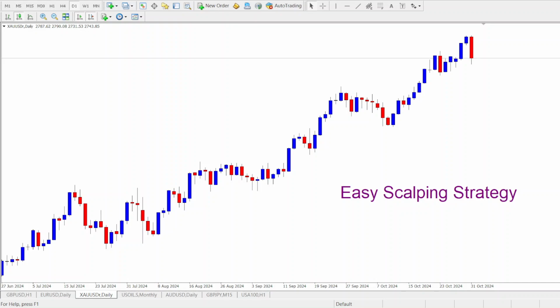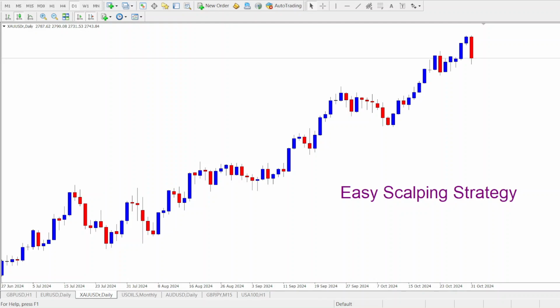Scalpers often focus on the smaller time frames like the 1 minute, 5 minutes, 15 minutes time frame because they are looking to catch quick moves in the market, so they really don't have much business with the hourly time frames. By doing this, scalpers can take advantage of minor price fluctuations, and as they execute a lot of trades, it can accumulate over time and result in something significant.